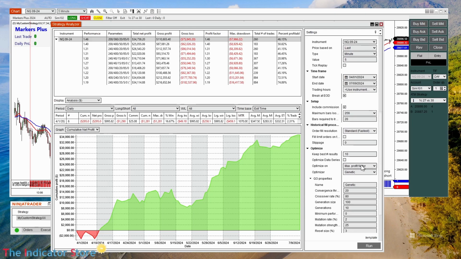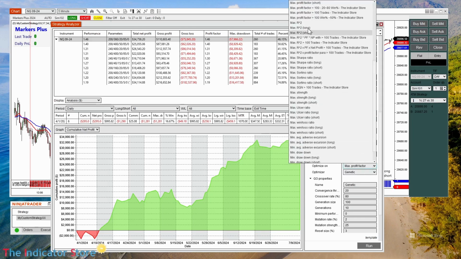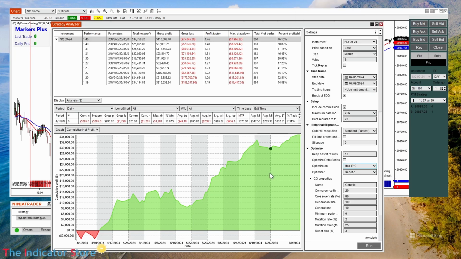No, this is the profit factor. We are sorting the result by profit factor, but there's another one, the R square. The R square is the linearity of the equity curve. It is a number between 0 and 1. 0 is completely randomness, 1 is a perfect straight linear line.